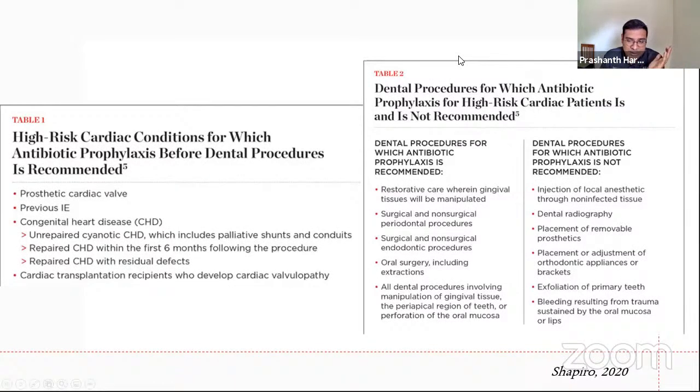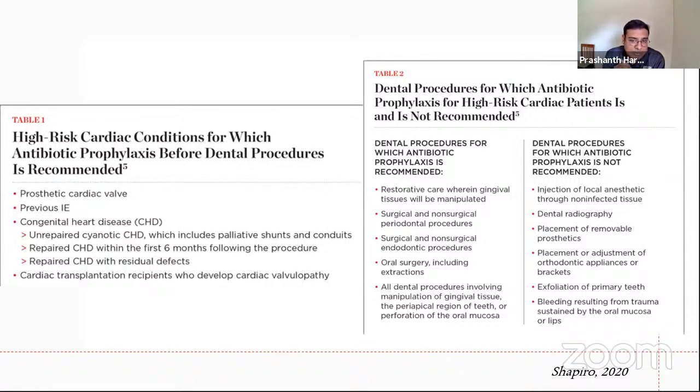Patients who have been diagnosed previously with infective endocarditis, which is the most important, and patients who have a prosthetic cardiac valve, especially if it is a non-porcine valve, that is, not a tissue valve, because of the flutter that increases the chances of vegetation formation in the valves, leading to potential infective endocarditis. But for a tissue valve, we don't prescribe antibiotic prophylaxis here.